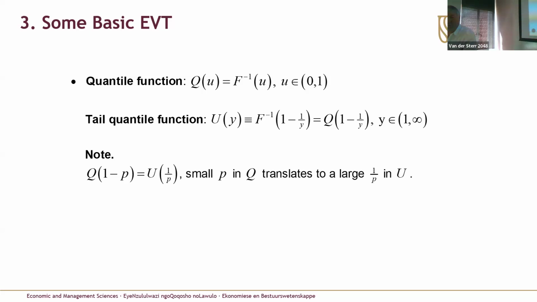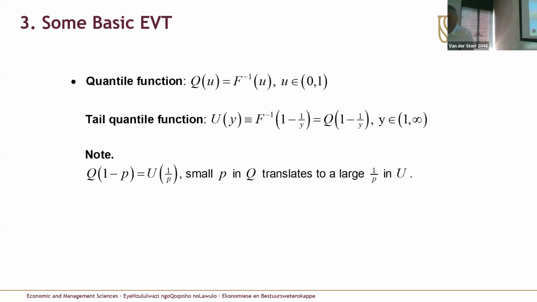So we shift the argument from 0 to 1 to this, which gives us from 1 to infinity, which means we work also at infinity. And there are some mathematical reasons why it's useful to have infinity included and not work on a bounded interval. So that's a tail quantile function, and it plays an essential role in EVT and certainly in this work also.